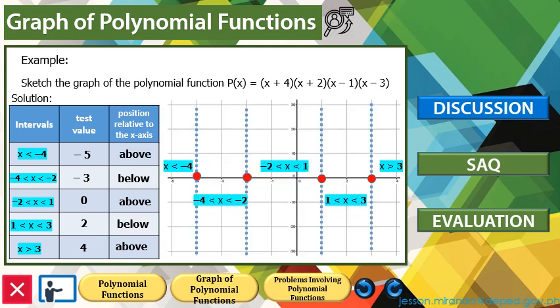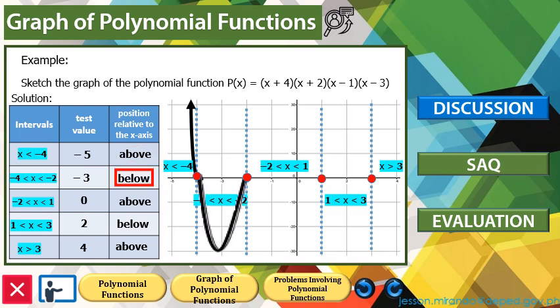We can now sketch the graph of the polynomial function. For the first interval, -4 to -infinity, the location of the graph is above the x-axis. For the second interval, between -2 and -4, the graph is below the x-axis.